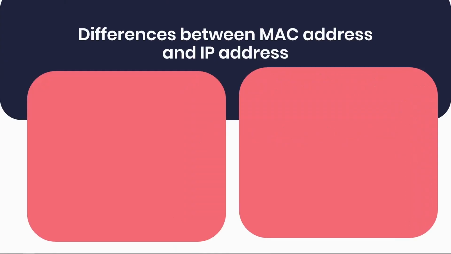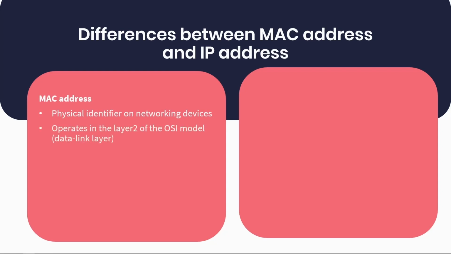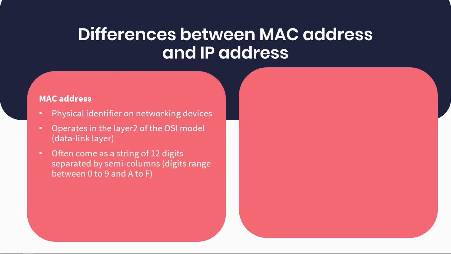To make sure we're all clear about the differences between MAC and IP addresses, let's look at a quick summary of each one. A MAC address is a physical identifier on networking devices. It operates in layer 2 of the OSI model, the data link layer. It often comes as a string of 12 digits separated by semicolons, and the digits range between 0 to 9 and A to F. It is managed by the manufacturer of the device.